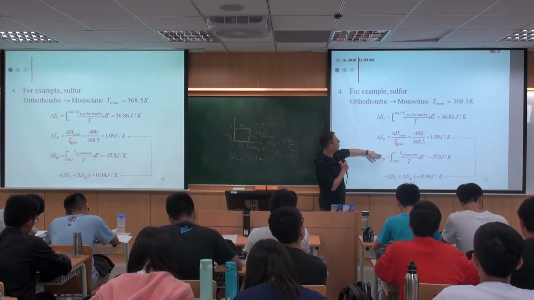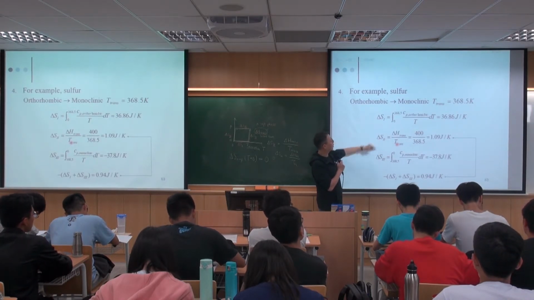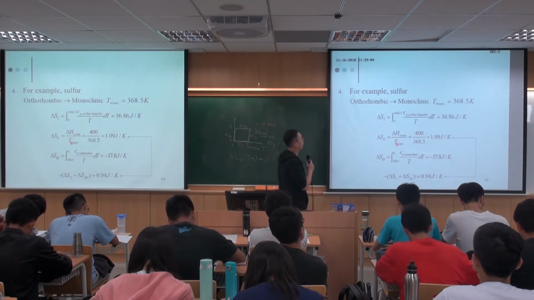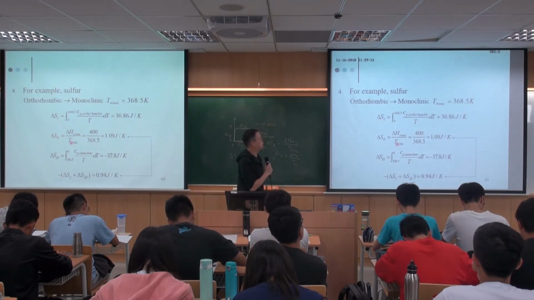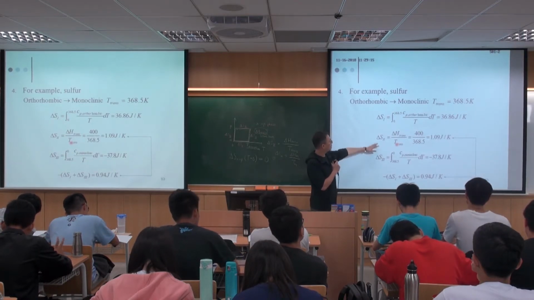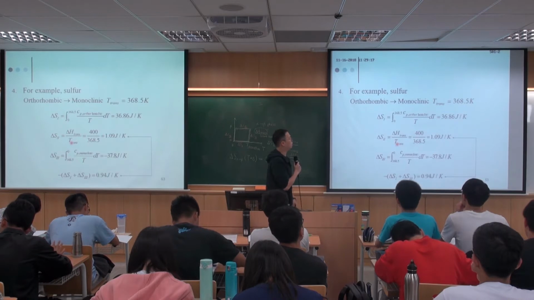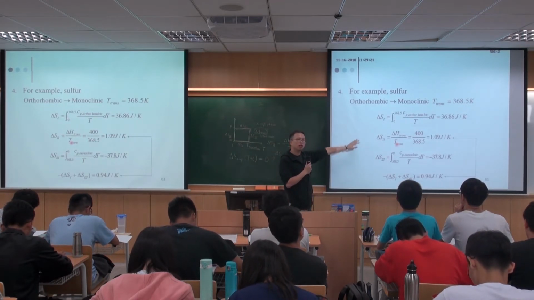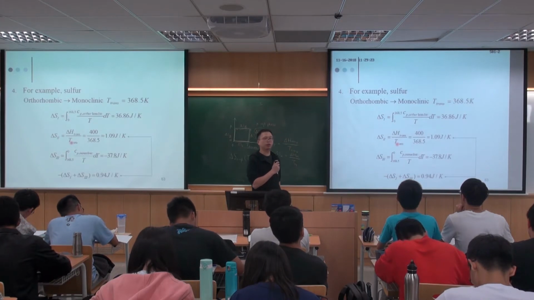Or if you add these two up, like 36.8 and minus 37.8, it's roughly minus 0.94, which is close to 1.09. So if you add these three together, then it's a value that is close to 0.